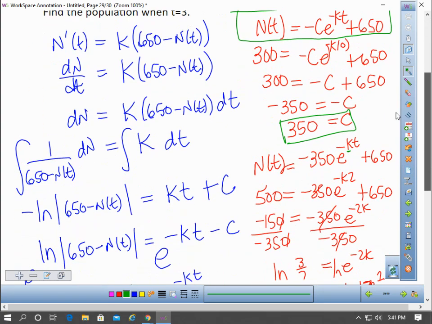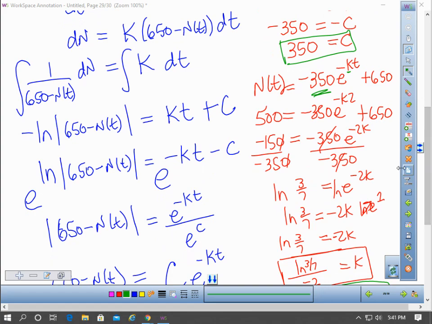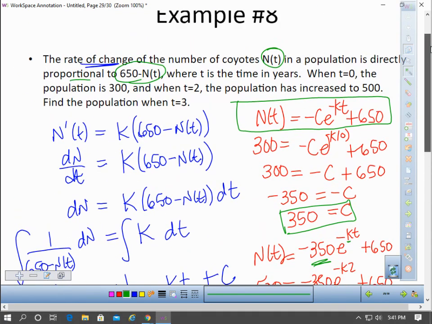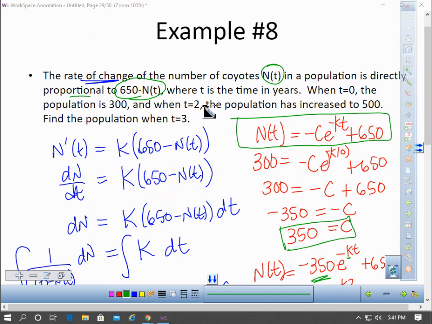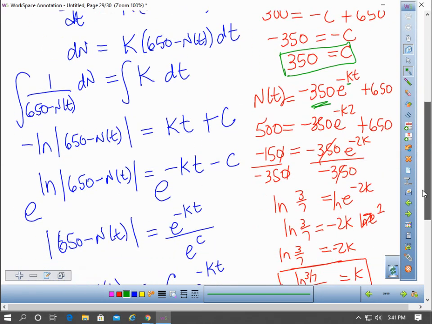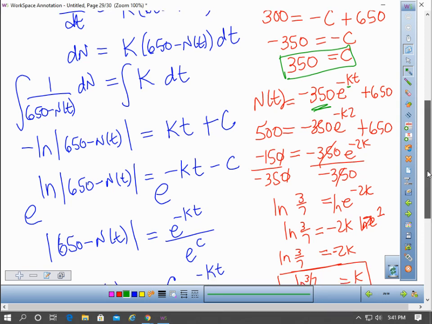And so then I substituted back in the C value. Okay, so that gave me this equation. Then I needed to find the k, so that's why they gave me the second piece of information. When t is 2, the population was 500. So that's how we ended up solving for k.